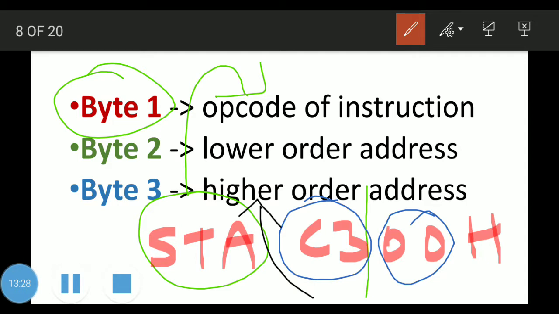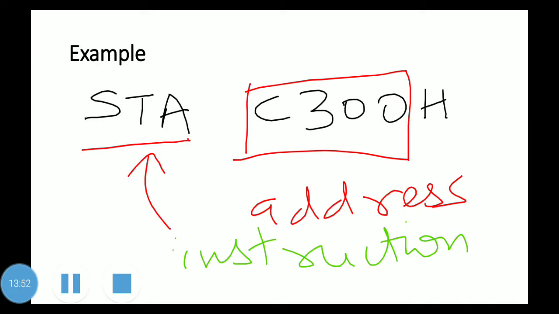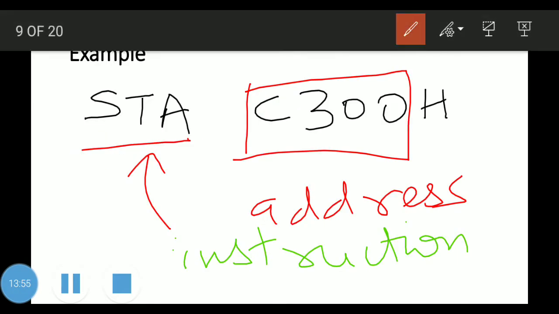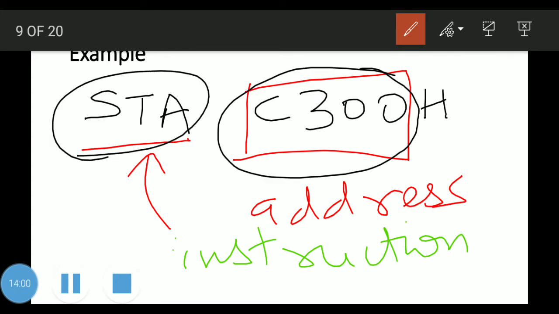Have you understood what a direct addressing mode is? In direct addressing mode, the address is specified directly in the instruction itself. That's why it becomes a direct addressing mode. It is 3 bytes: 1 byte for the instruction, 1 byte for the lower order address and 1 byte for the higher order address.